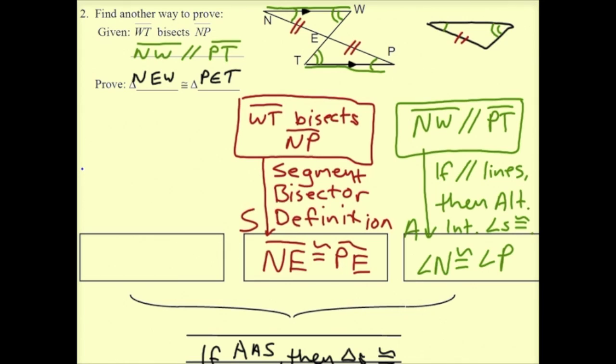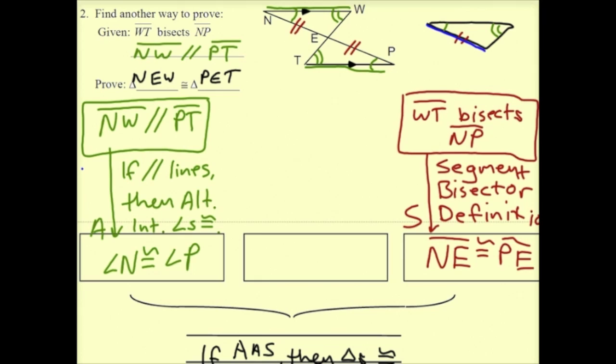Those are the used segments and the used angles in that proof. And you'll notice that the red segment is only connected to one of the angles. Right? It's only connected directly to that angle N. So we'll be using AAS. So let's do a little bit of rearranging of our proof.